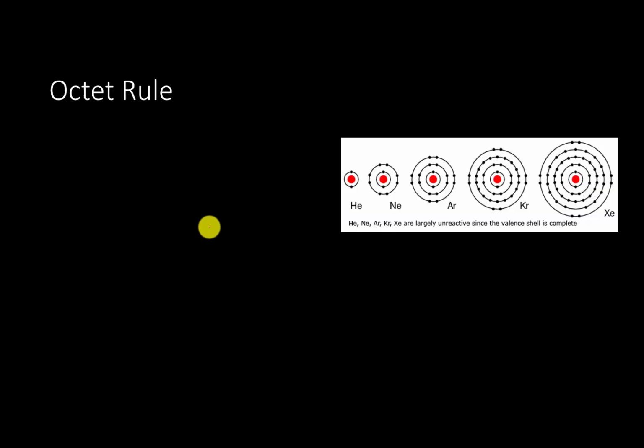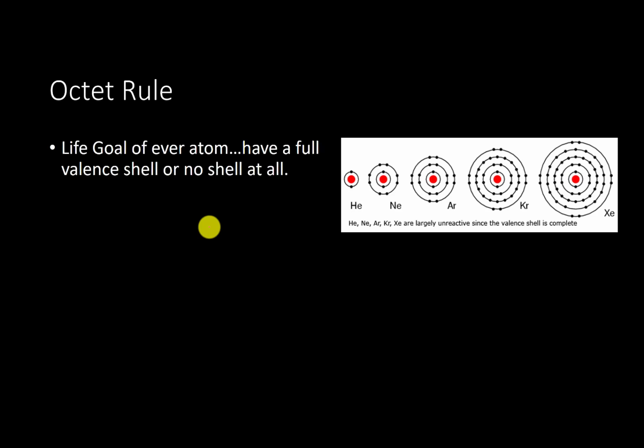Okay, not too bad. All right, next, something called the octet rule. Now remember that the life goal of every atom is to have a full valence shell or no shell at all. So for every atom, these over here, these are the atomic heroes.